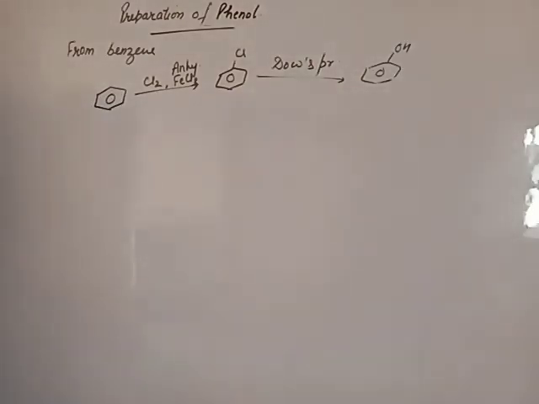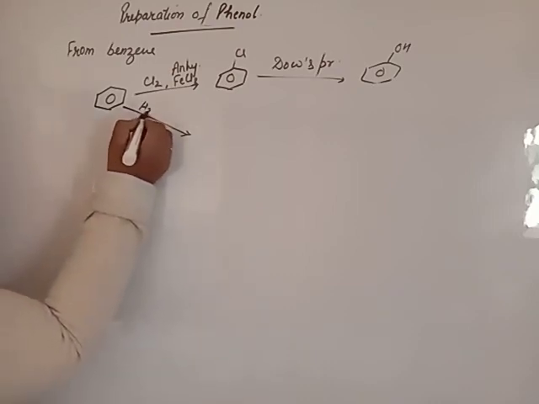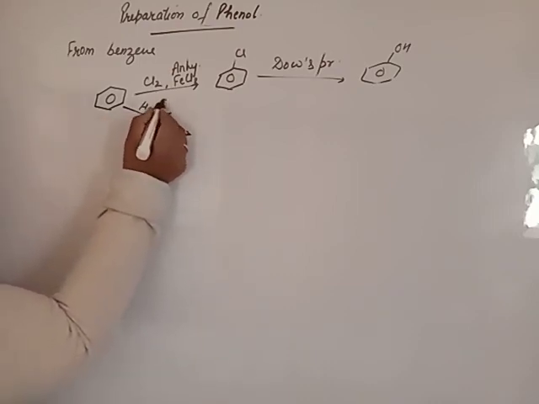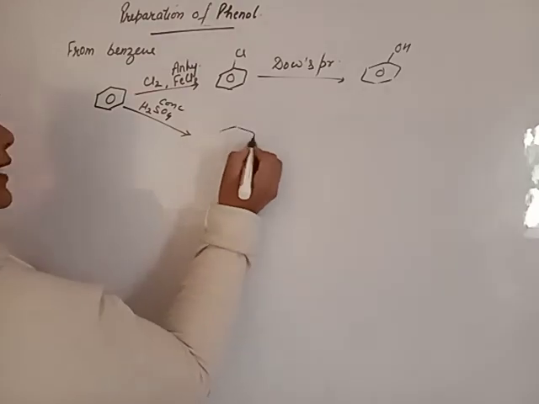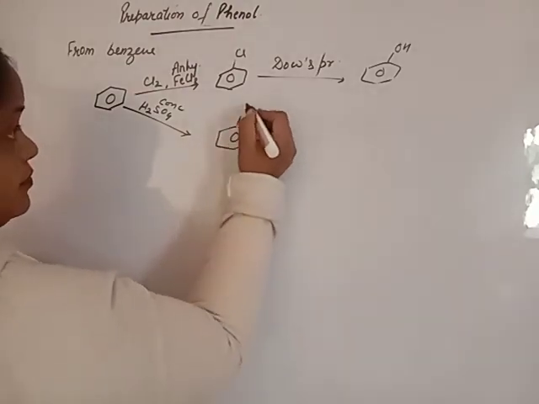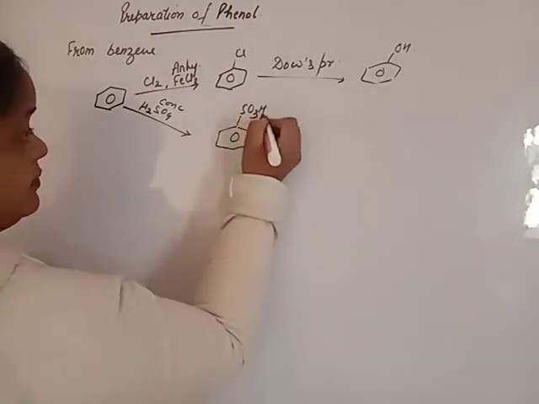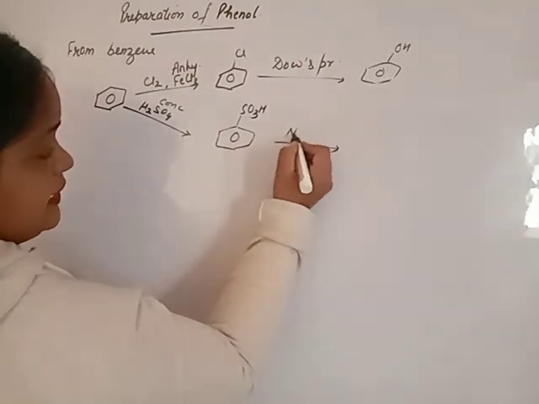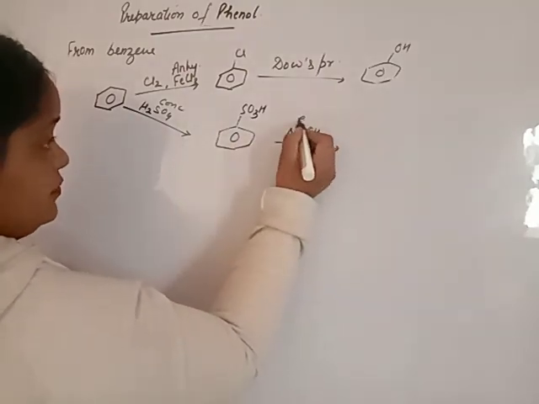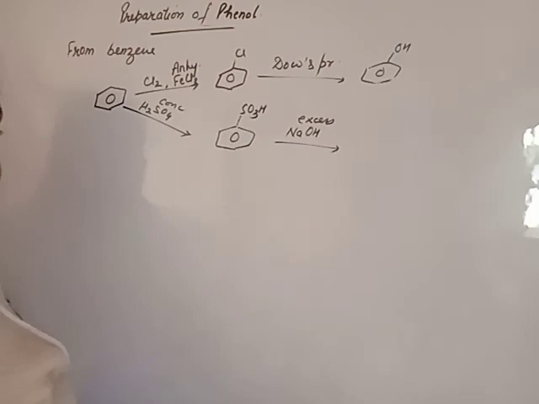Another method is from benzene sulfonic acid. Benzene is treated with concentrated sulfuric acid, and we will get benzene sulfonic acid. This benzene sulfonic acid is treated with excess sodium hydroxide.